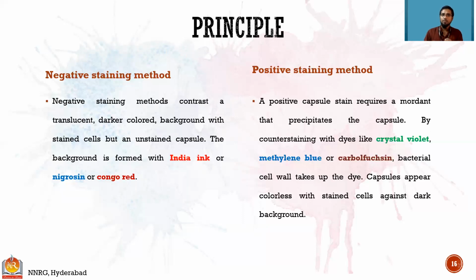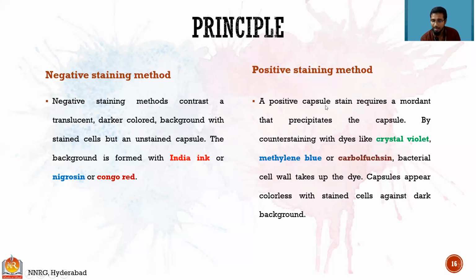Suppose I add crystal violet, it absorbs blue color and the cytoplasm has a lighter color. The bacterial cell has a dark color, the cytoplasm a lighter color, but the capsule around the bacteria has no color. By this we can find the thickness of the capsule and see what type of capsule it is. The dyes used in this are India ink, nigrosin, and Congo red.